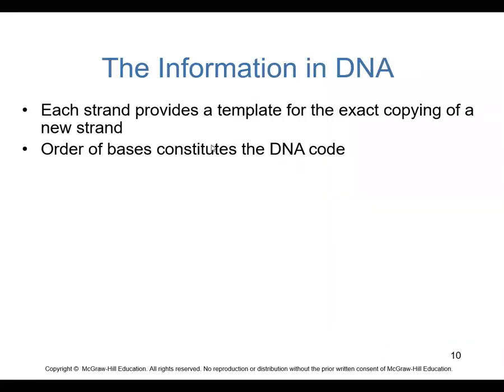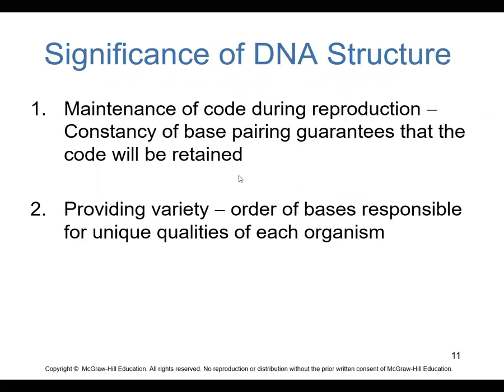All right. DNA is really just a template for information. Because of this, we can make exact copies of new strands based on the sequence of DNA, because A's bond to T, C's bond to G, and so forth. So that enables us to make an exact copy of it. The significance of this is that because they do bond in certain pairs, it guarantees that the code will be retained.